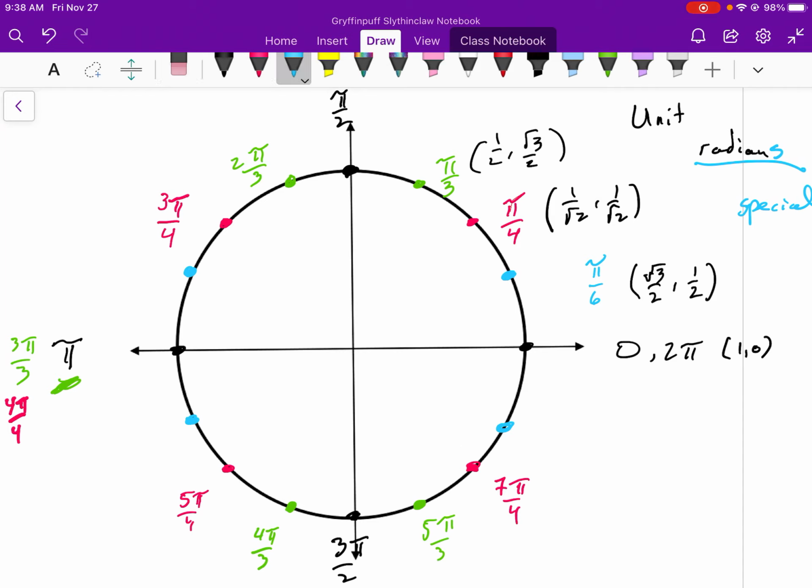Last but not least is the pi over 6 family. Now I'm going to think of this as 6 pi over 6. So this will be 5 pi over 6. This related angle in quadrant 3 is going to be 7 pi over 6, and this is 11 pi over 6.